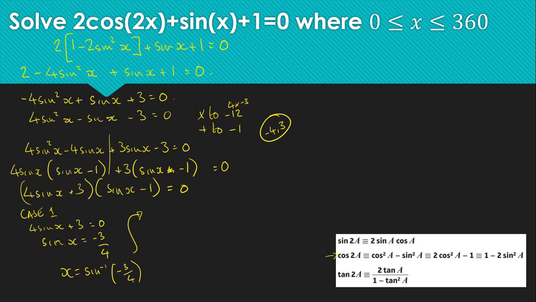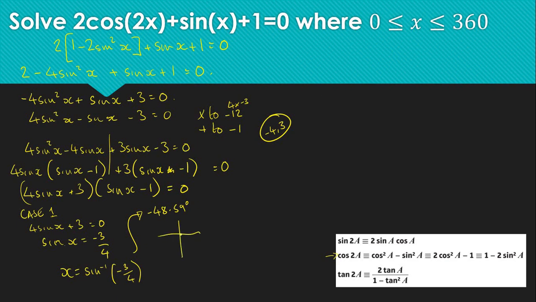Now, sine to the -1 of -3 quarters actually comes out as -48.59. Okay, but that obviously is not a legitimate solution for us because, for one, it's outside of our domain for x, and also we haven't casted anything just yet.